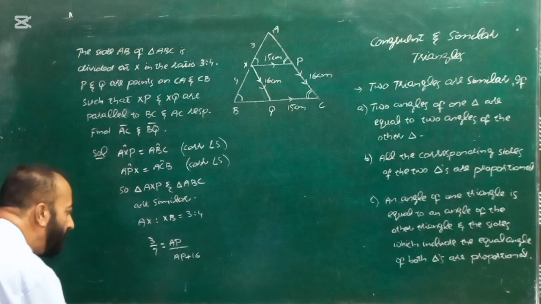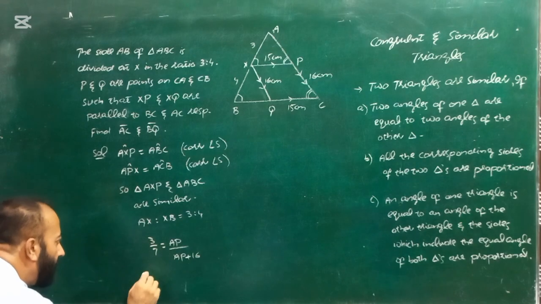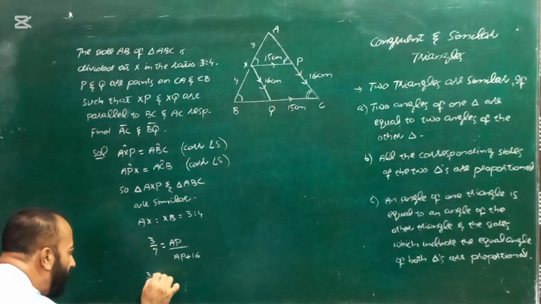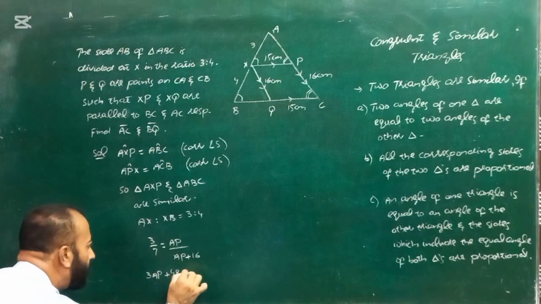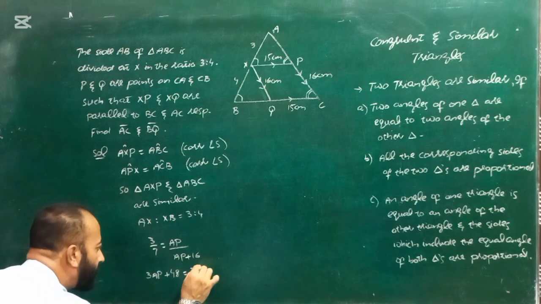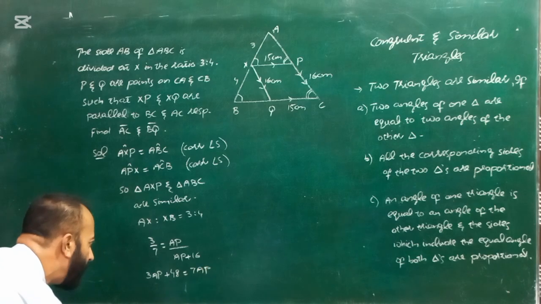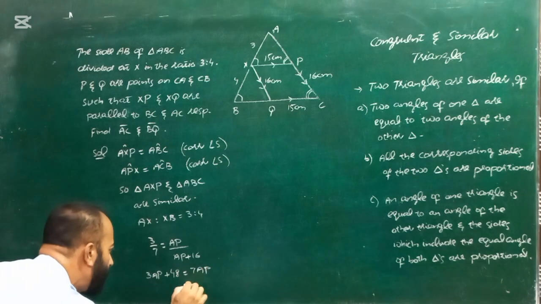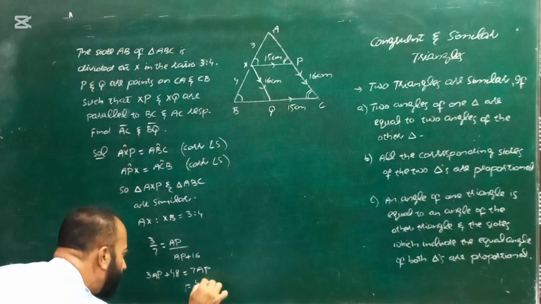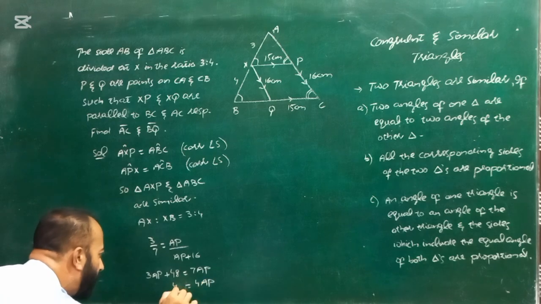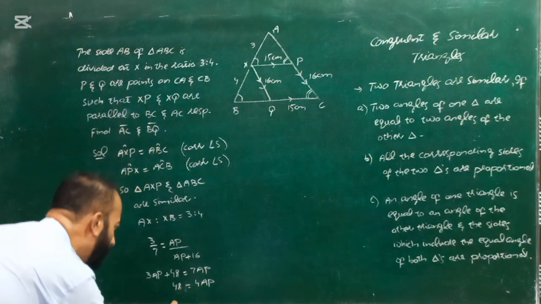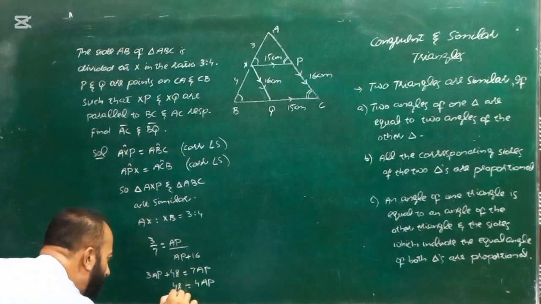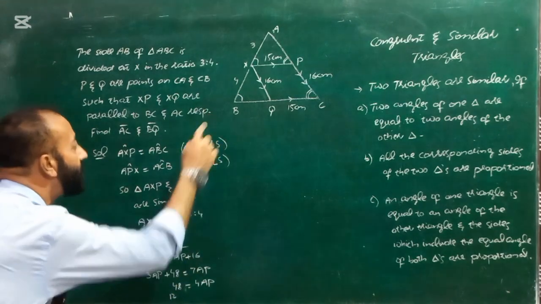So cross multiplying the values from here. This side will come here. So 3AP plus 48 equal to 7AP. Okay, this side will go to the right hand side. So 4AP will be equal to 48. And from here 12, and unit is centimeter.